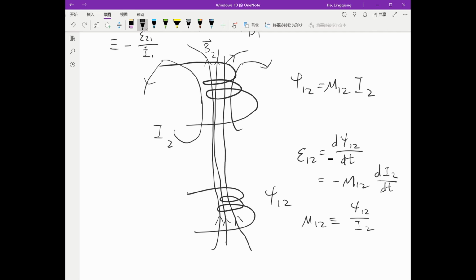And of course, the mutual inductance is M12 equals φ12 over I2, or it also equals minus EMF 12 over I2 dot.